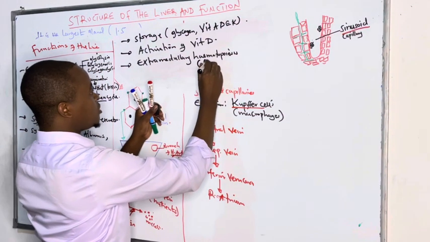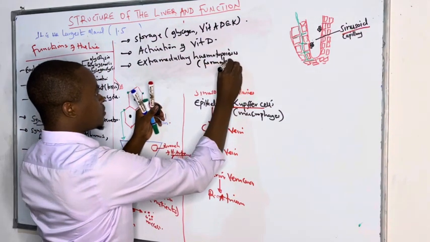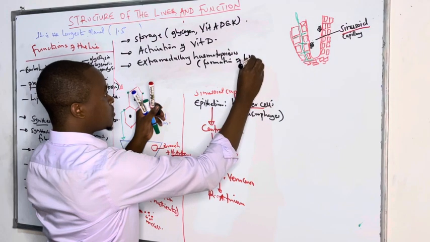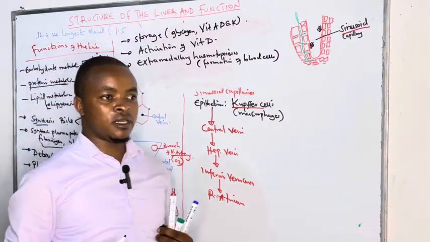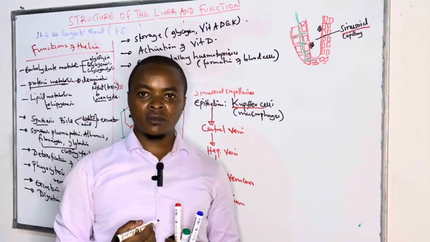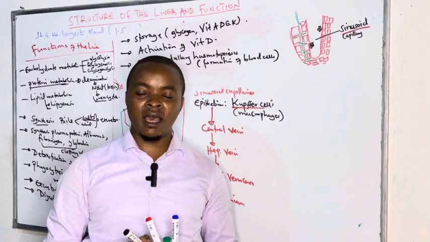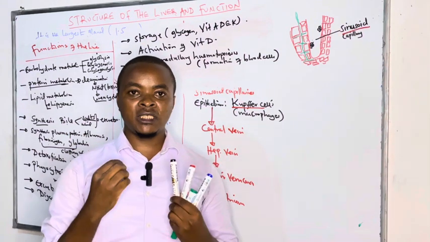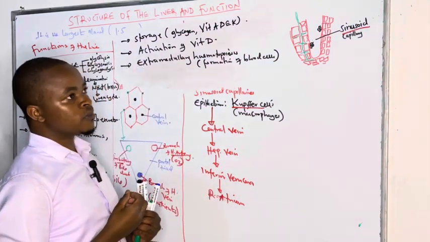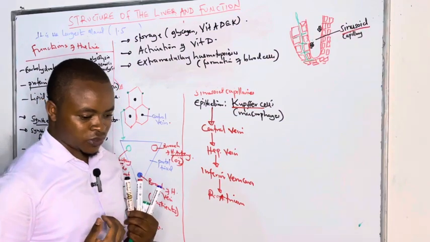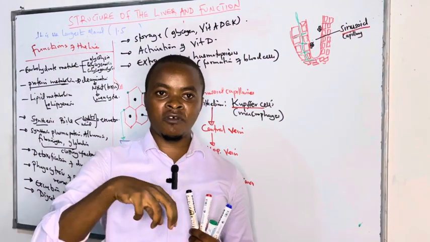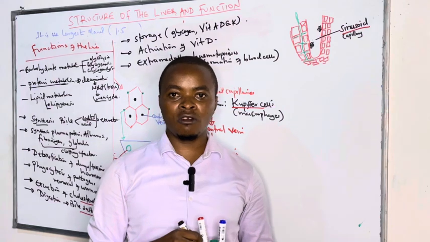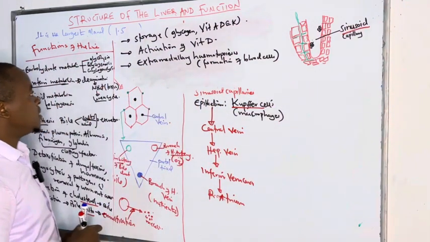Hematopoiesis is the formation of blood cells. And these blood cells in the fetus occur in the liver. Basically from the 3rd month to the 7th month, we see hematopoiesis occurring in the liver. And also even in adults, whenever there is bone marrow failure, then the liver can come in to do the role of producing blood cells.